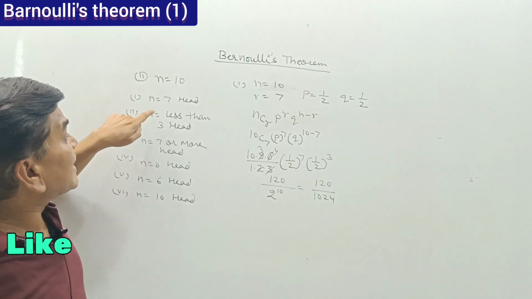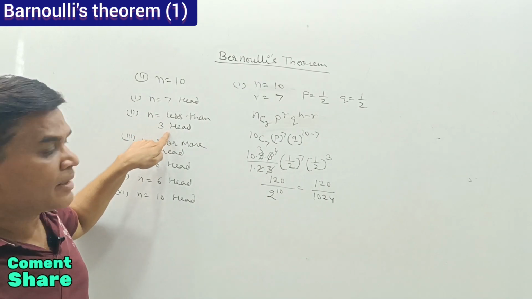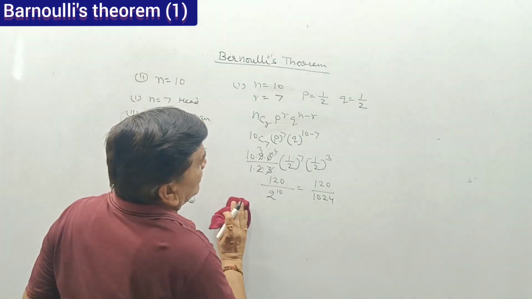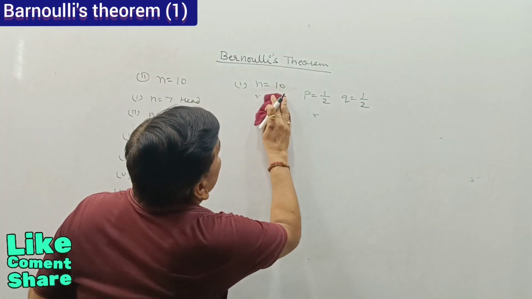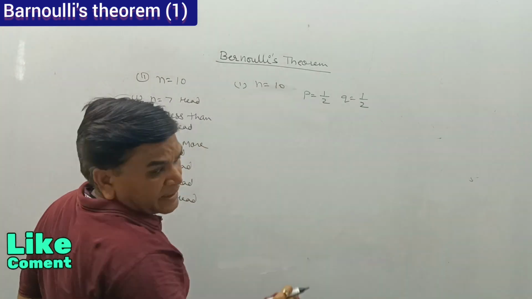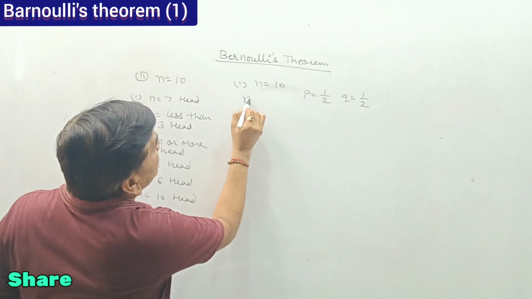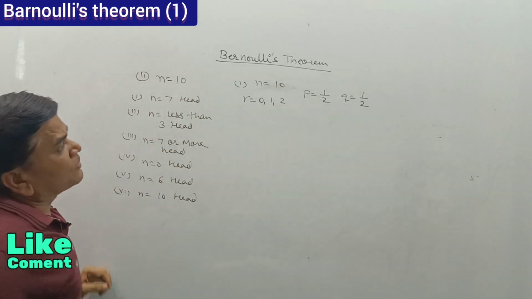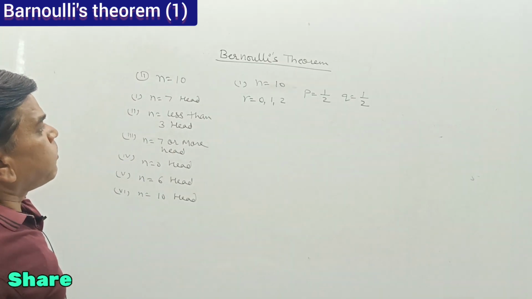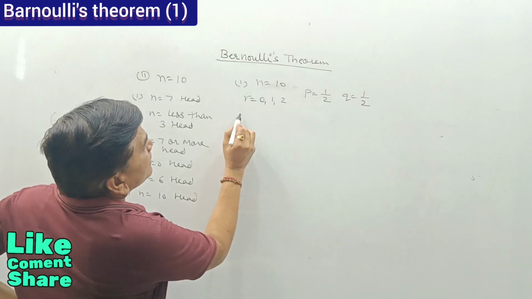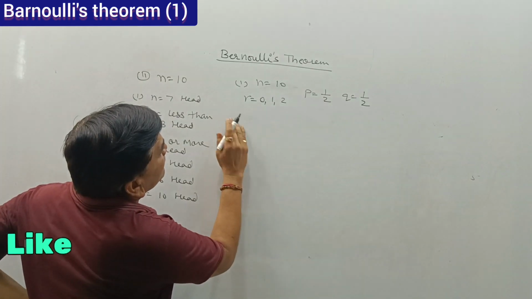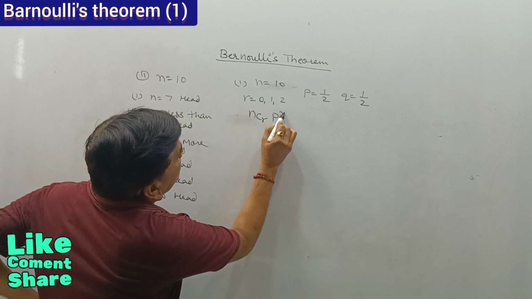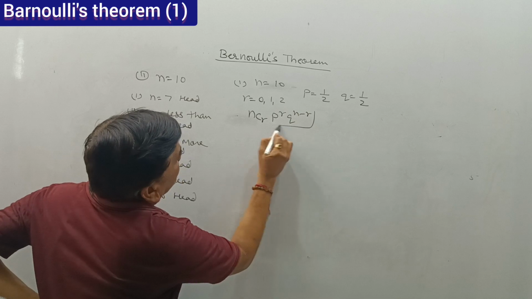The second question is less than 3 heads. Now the total number of events is 10 and we need the probability of getting 0, 1, 2, which is less than 3. The formula is nCr p raised to power r q raised to power n minus r.